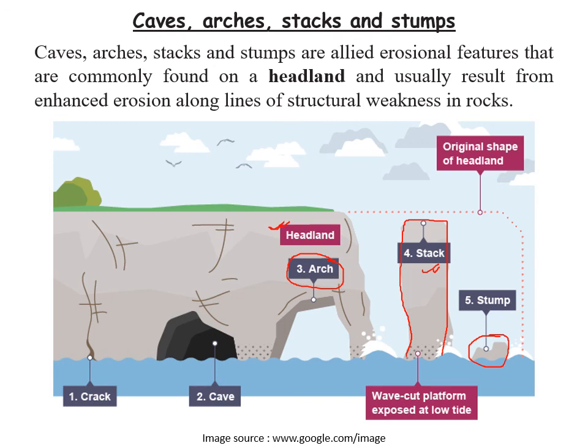Then caves transform to arches, that is a passageway from one side of the headland to the other. Collapsing of the roof produces an isolated rock mass known as a stack. With time, with erosion, the stack lowers its height and produces a stump. So again, due to enhanced wave activity for a long time, the original headland is retreating due to this fracture-enhanced erosion by wave activity.